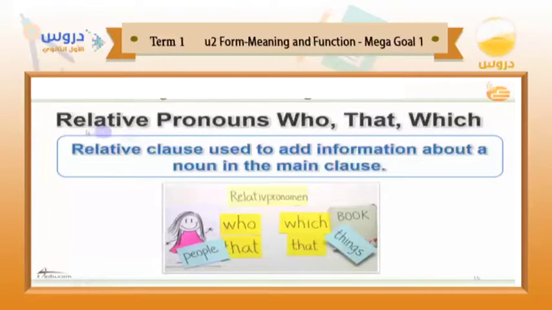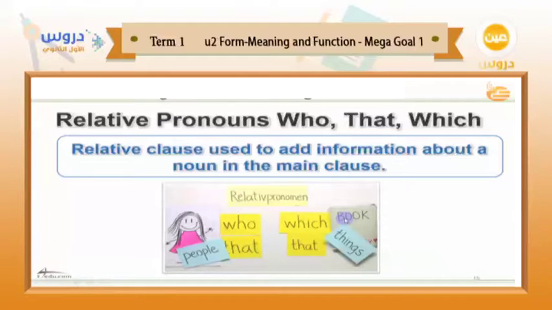Now we have reached the relative pronouns who, that, which. Relative clauses are used to add information about a noun in the main clause. And keep in mind, once we are talking about people, we are using who and that.